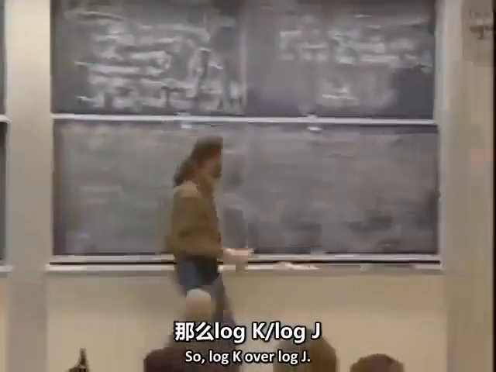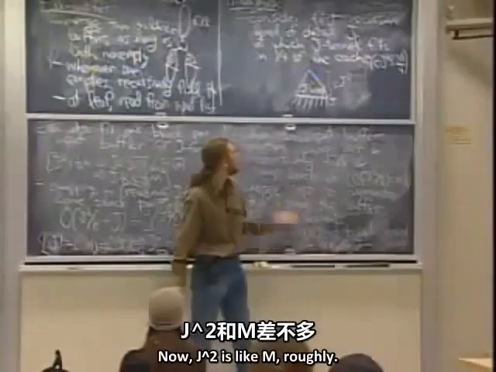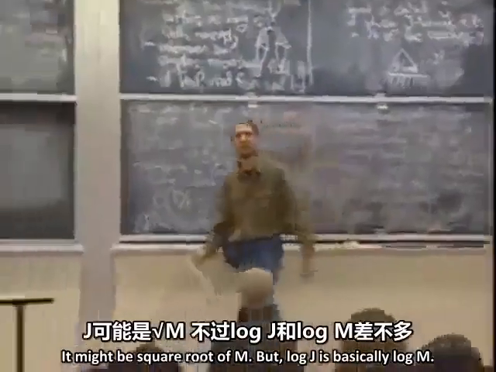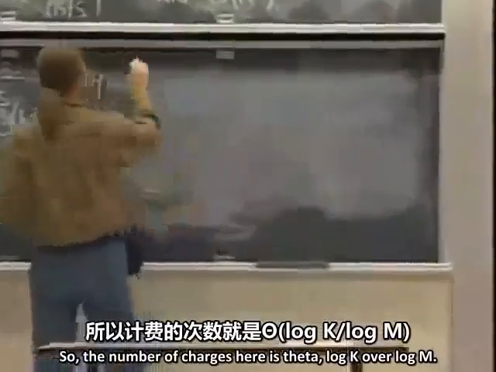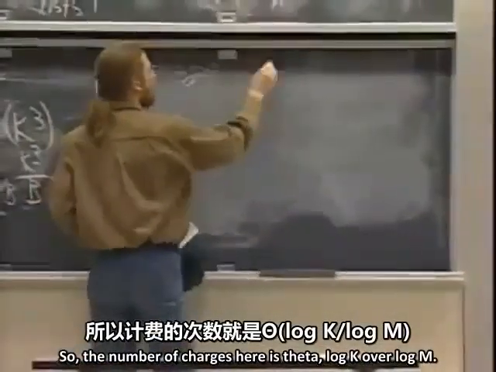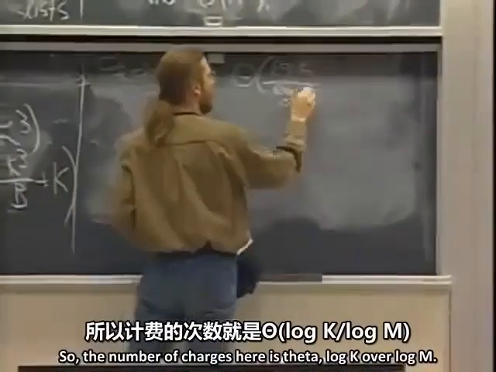So log k over log j. Now, j squared is like m, roughly. Might be square root of m. But log j is basically log m. Some constants there. So the number of charges here is theta log k over log m.